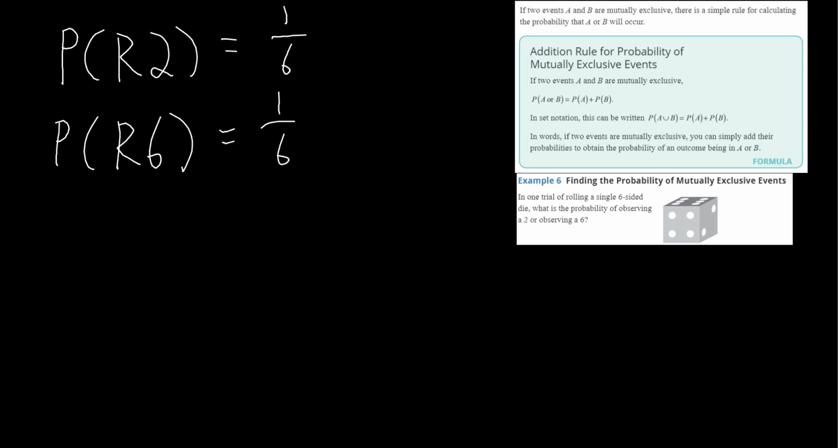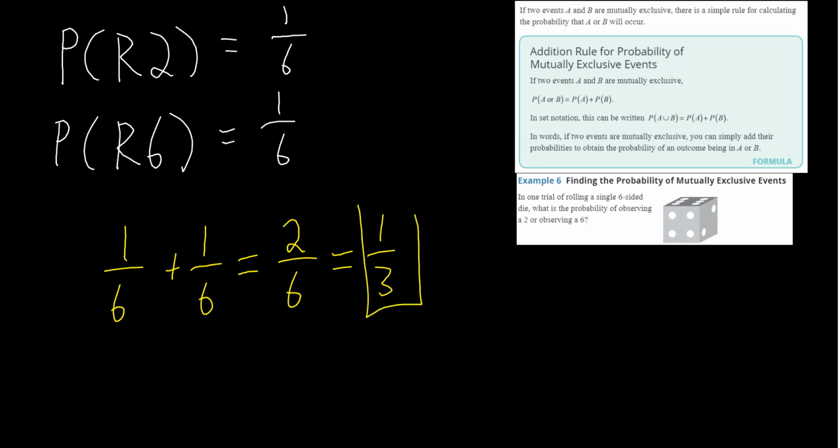Our addition rule here states that in order to find the probability of both, we just have to add them. So we take 1/6 plus 1/6, which is equal to 2/6, which can be reduced down to 1/3. So there is a 1/3 probability of rolling a 2 or a 6.